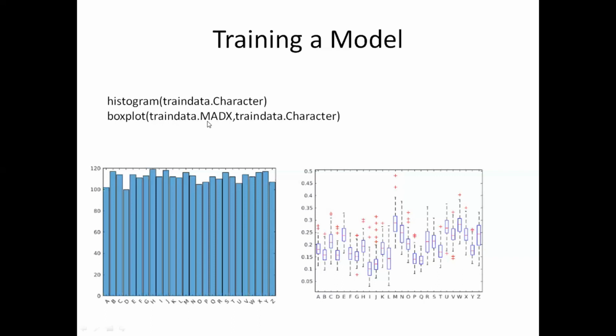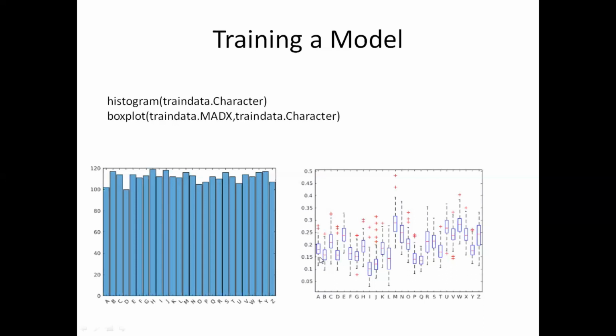So it indicates the spread of the x-axis position of the pen versus the training data character. The x-axis is the training data character. So for every character, for example, for this character A, what is the maximum value of MAD, what is the minimum value, what is the median, and what are the quartile values.